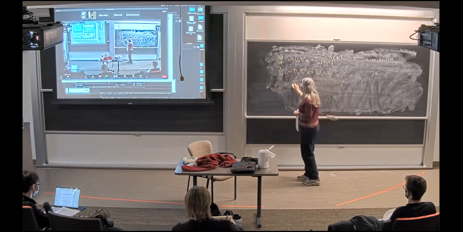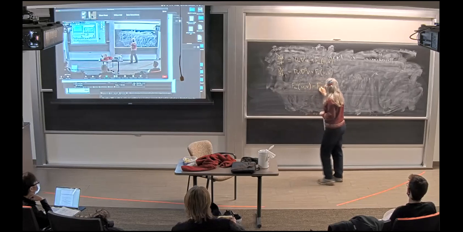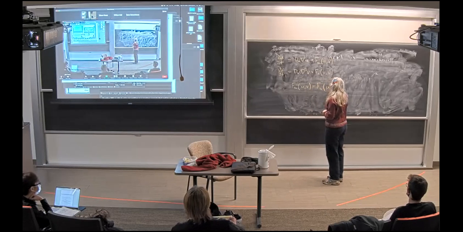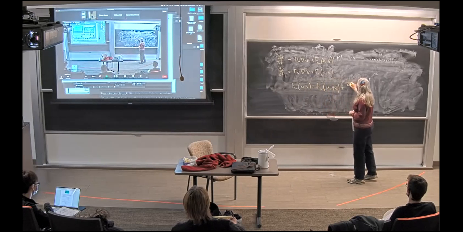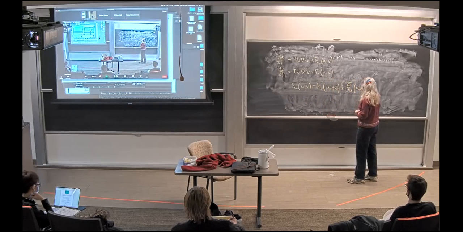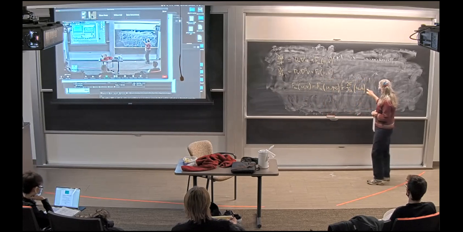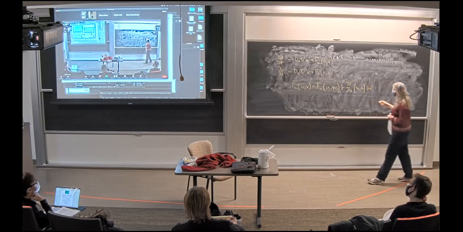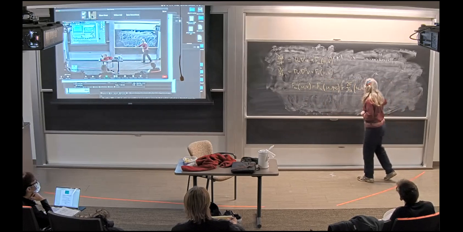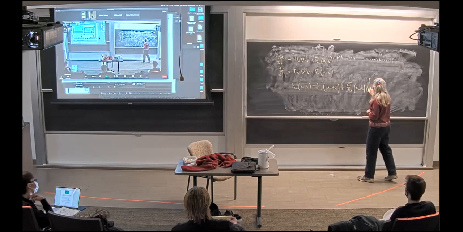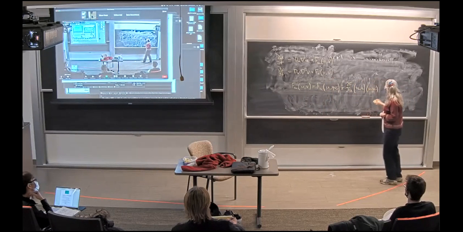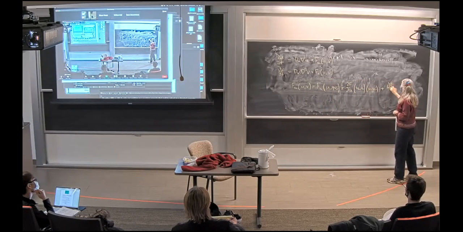So I can write f of (u, v) is equal to f(u0, v0) plus df/du times delta u, where this is u minus u0, plus df/dv times v minus v0. This is just a Taylor expansion.